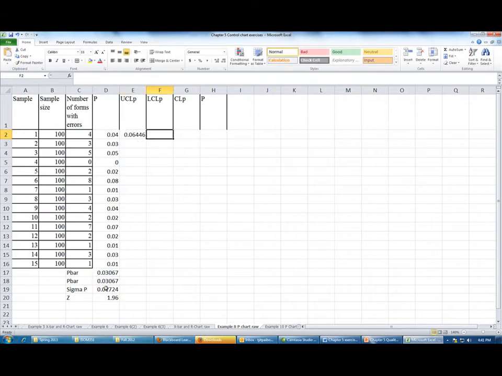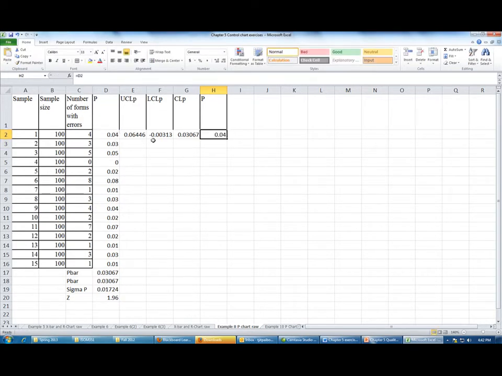Lower control limit P equals P bar, function 4, minus Z times sigma P. Okay, and the center line is P bar, function 4, and also P is the P on the left.